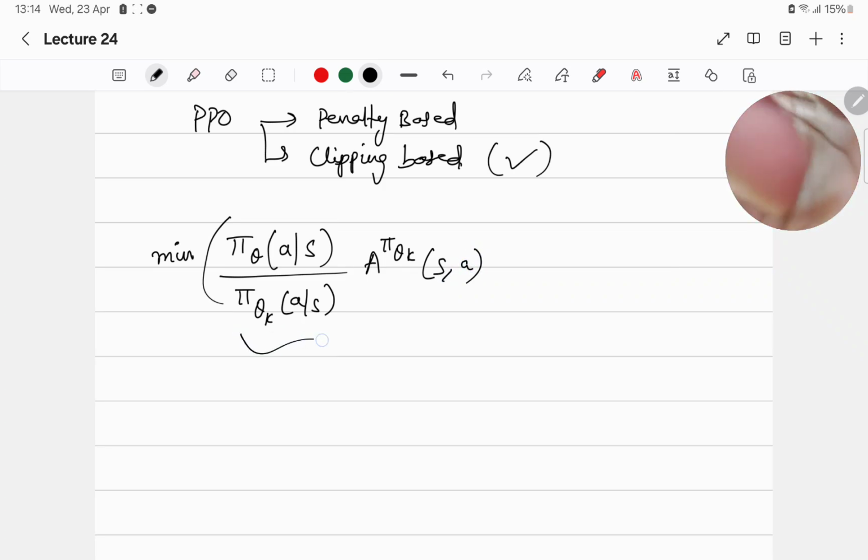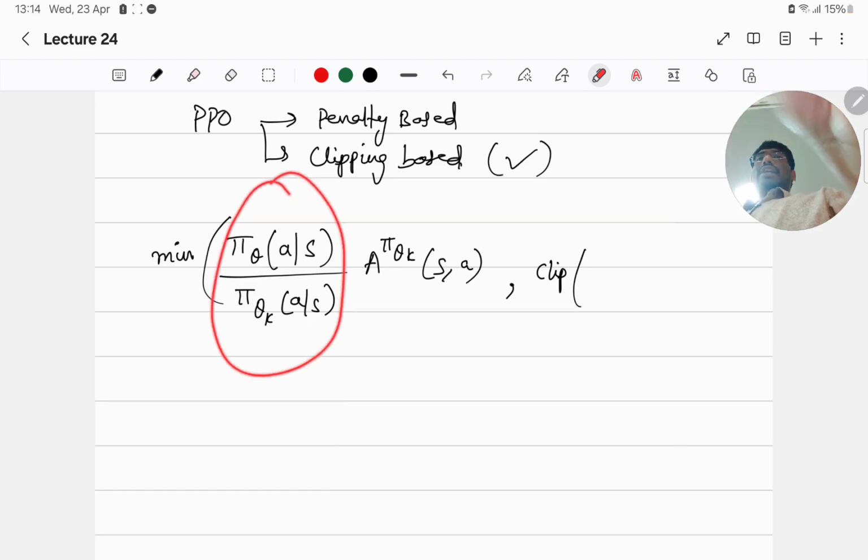I am just saying that I will clip this objective so that this ratio... how do you understand whether a policy has changed a lot or not? This ratio will tell you, right?